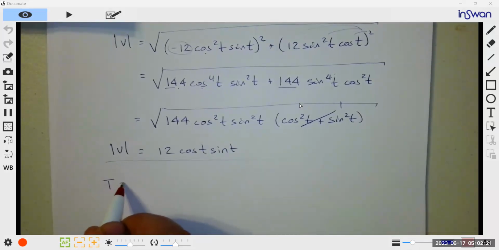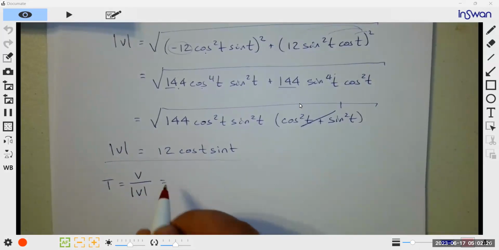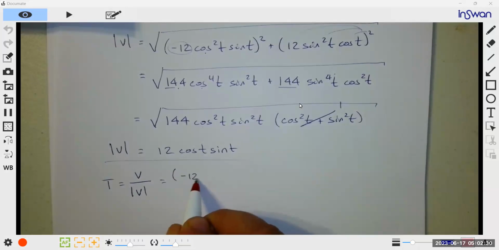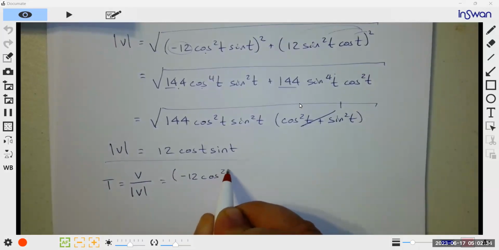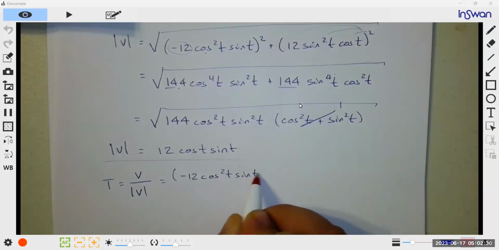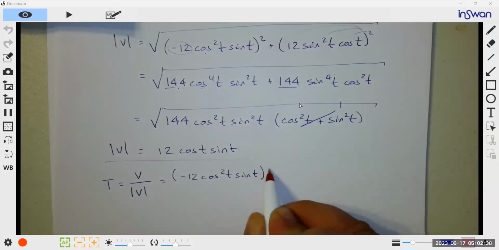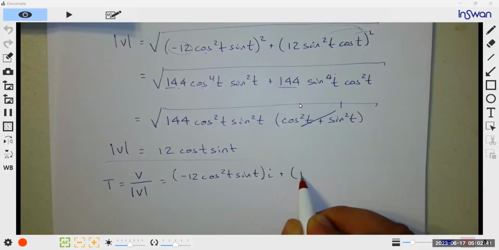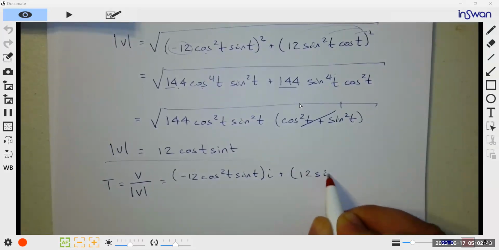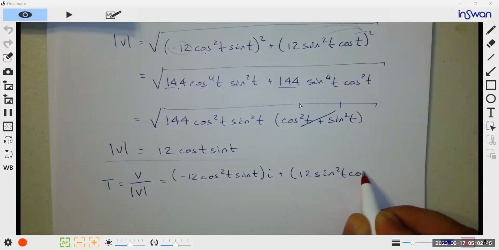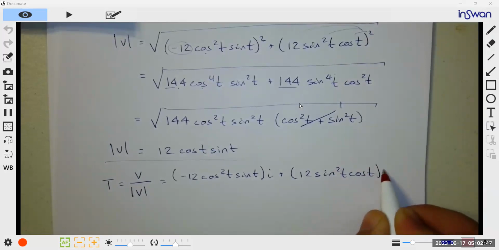So T, V over the magnitude of V. Negative 12 cosine squared T sine T i, 12 sine squared T cosine T j.